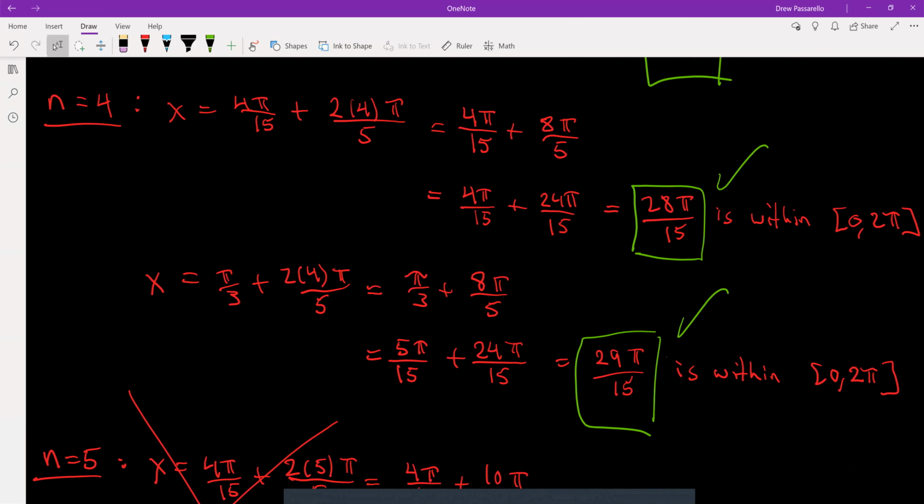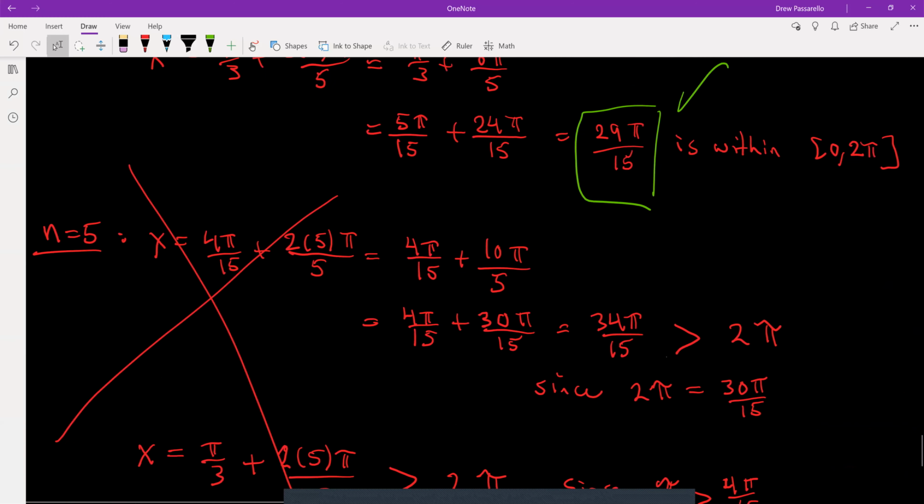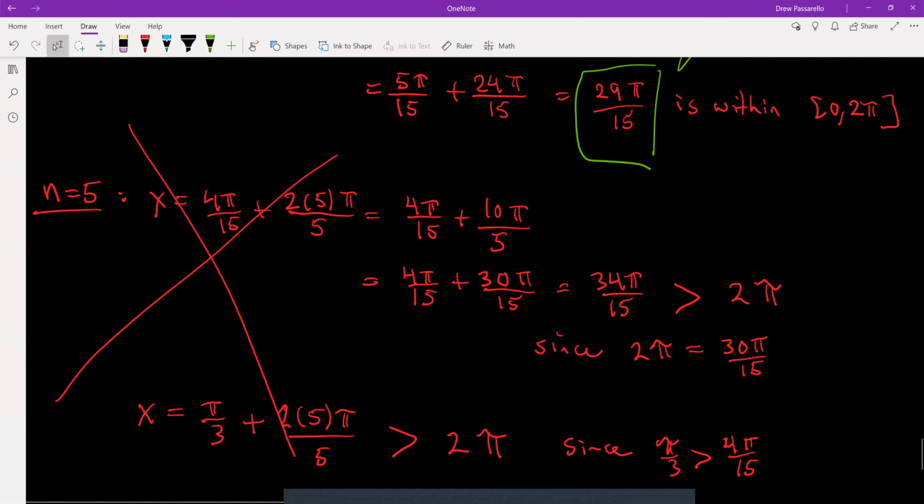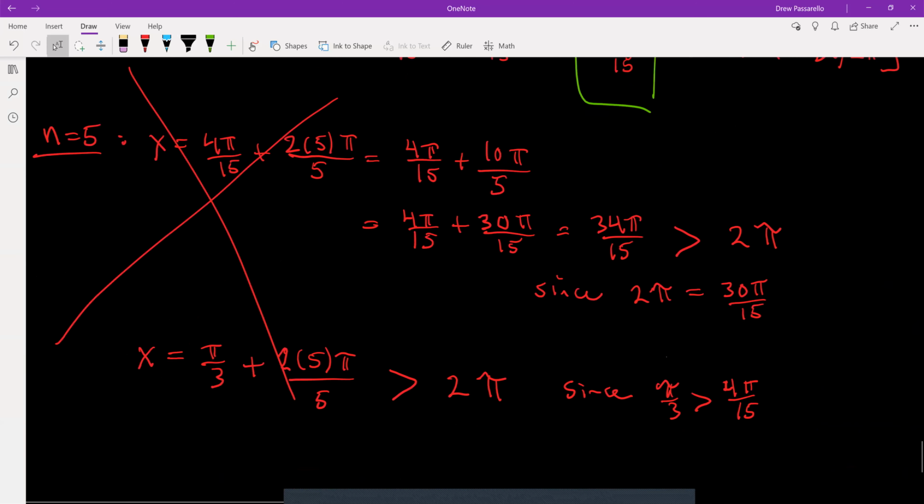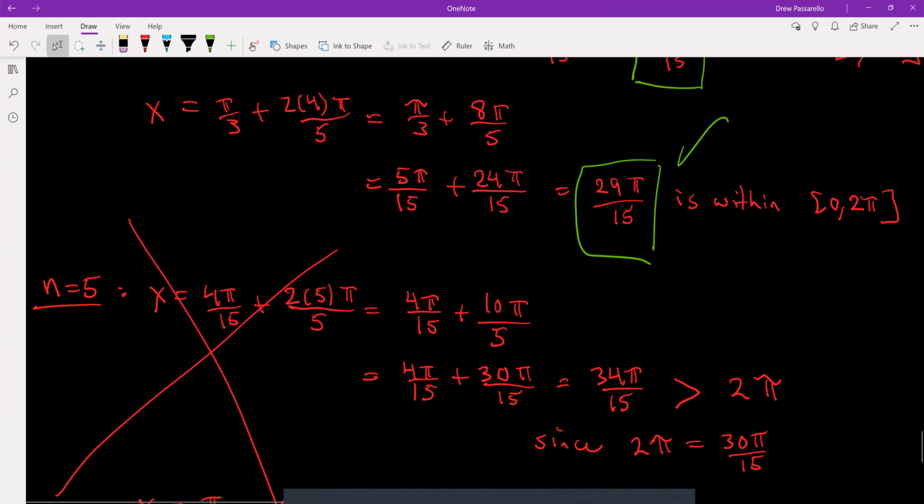And once you hit n is 4, that's the biggest n's going to be, because when you plug in 5 for n, you get 30 pi over 15 for the first one. The other one's going to be bigger than that. And you can kind of tell just because that's 29 pi over 15, and we know 30 pi over 15 is 2 pi, so it just makes sense. Nothing's going to come after this that's going to be within our bounds.